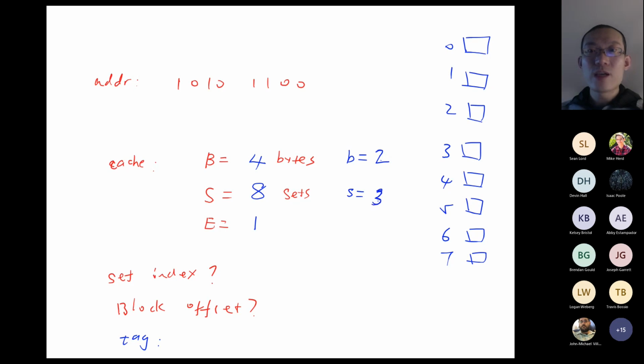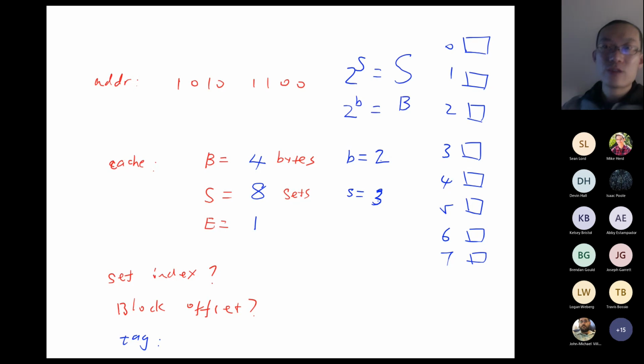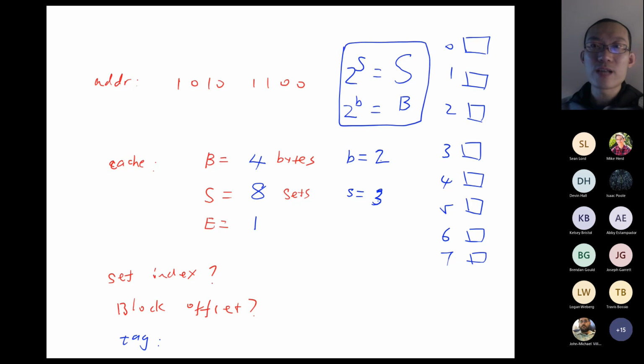By this way, we can find the number of bits for the block offset and the set index. Or if you like, you can use the equations 2^s equals capital S, and 2^b equals capital B. This is a mathematical way you can decide the number of bits you need for each field.